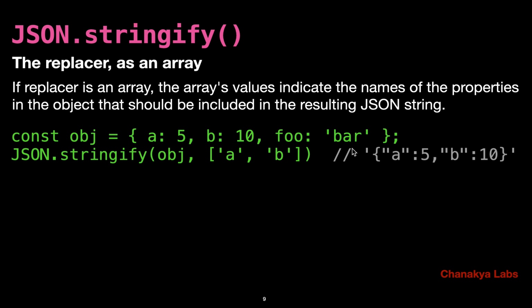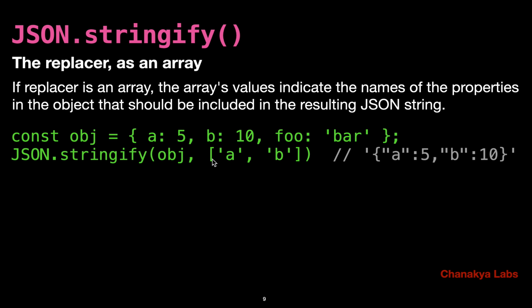Which means that if this is the object, then the keys are A, B, foo. Then which keys are you interested in? If that is your simple requirement, you can pass an array of strings for the keys you're interested in. I'm interested in A and B only. So when you run this, you will get only A and B. This foo will be ignored. If you add foo here, then only it will come, otherwise it will not come, right?